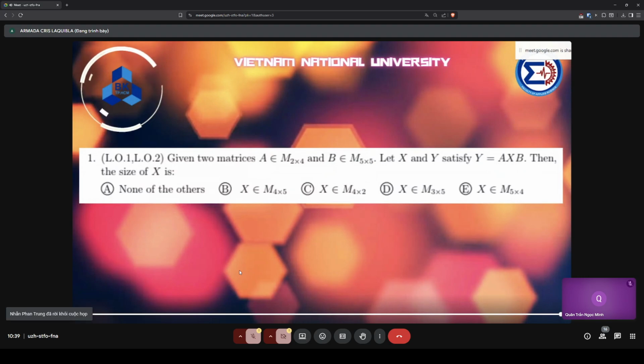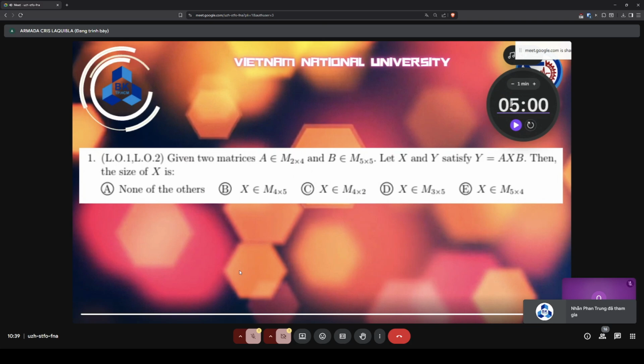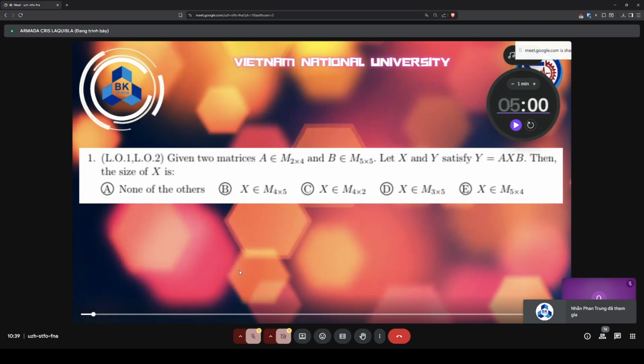You cannot multiply if the number of columns in the first matrix is not the same as the number of rows in your next matrix. Okay, so I will give you 5 minutes to do this, but 1 minute is enough here.